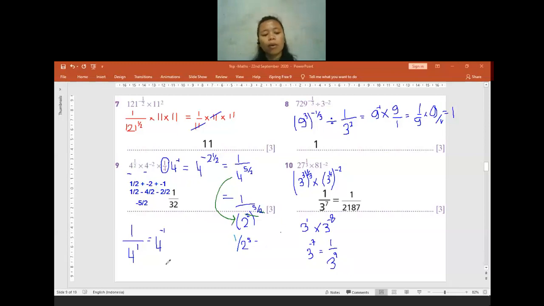Don't forget this is a fraction. Maybe I wrote it too far away from the numerator and you got confused. So this is the final answer: 1 per 2 to the power of 5. 2 to the power of 5 equals, there are 5 numbers of 2 and you need to multiply all of them, becoming 32.